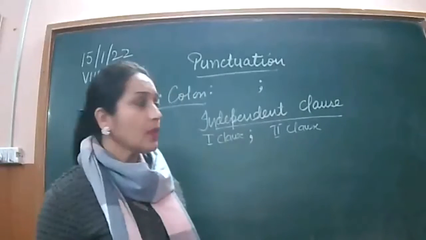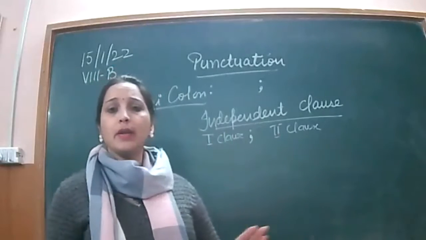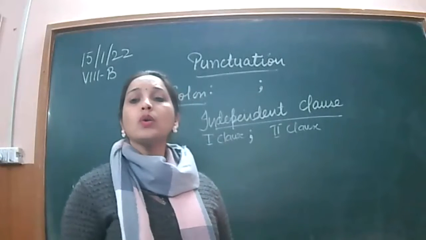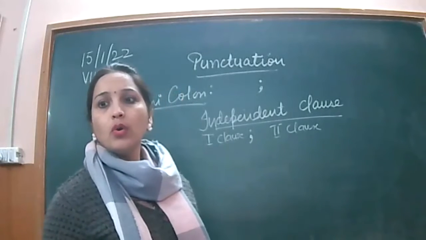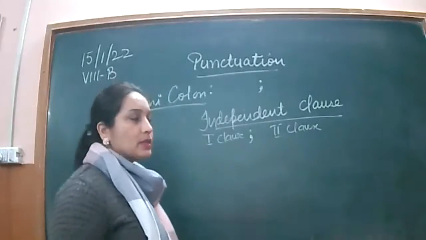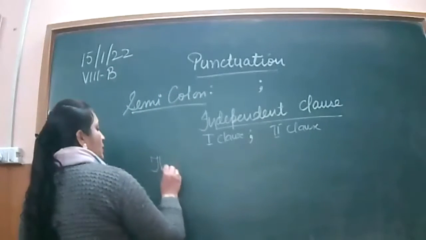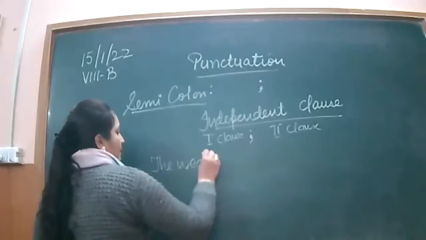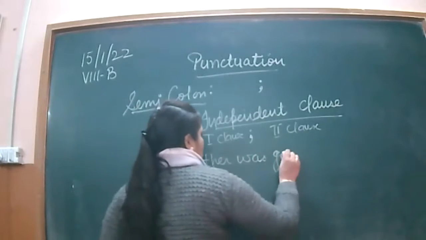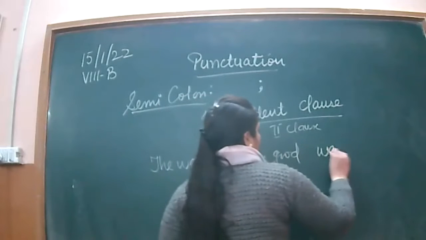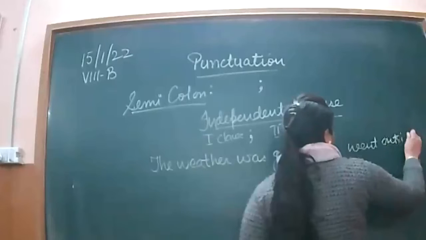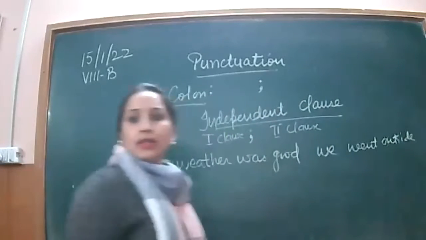Okay, when two independent clauses are given, independent clauses means these clauses stand on their own, they have their own sense. So when we want to join them, then we use a semicolon. For example, the weather was good.